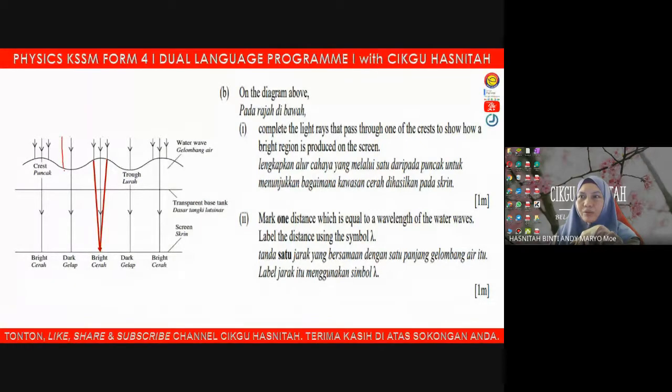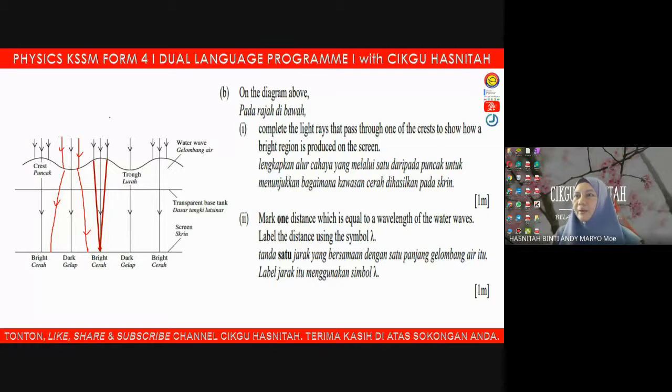After passing through, it diverges. Don't forget to draw the arrow as well. So it diverges, and that's why it leaves a dark region here, since the light is diverged away.